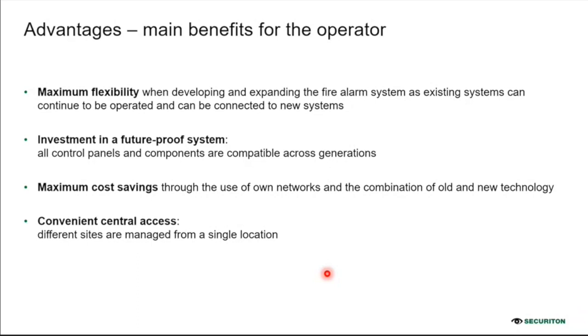And we can use existing networks. For example, if the building already has fiber optics, we can use that fiber optics. And then we have very easy management, because we can manage many different networks from one single location.